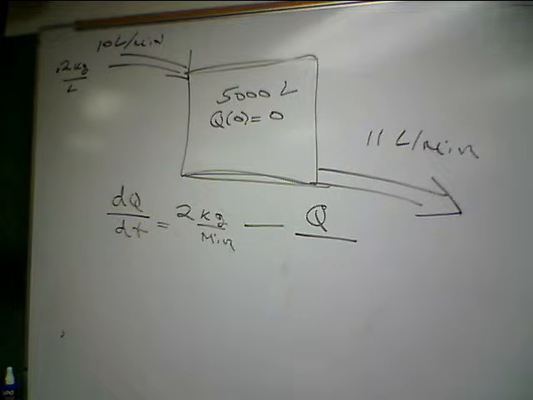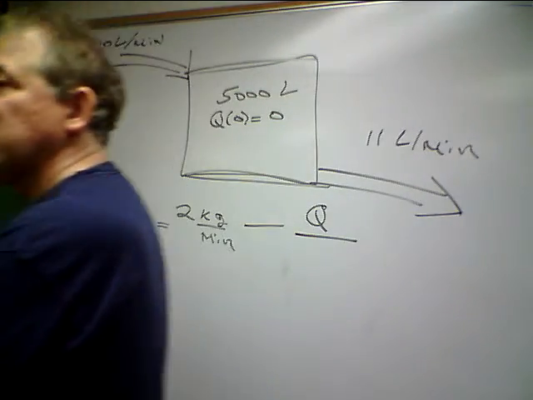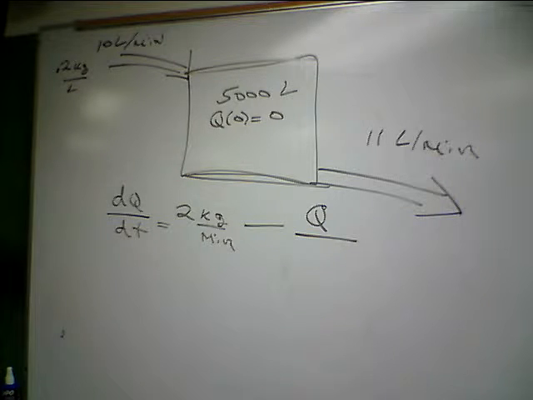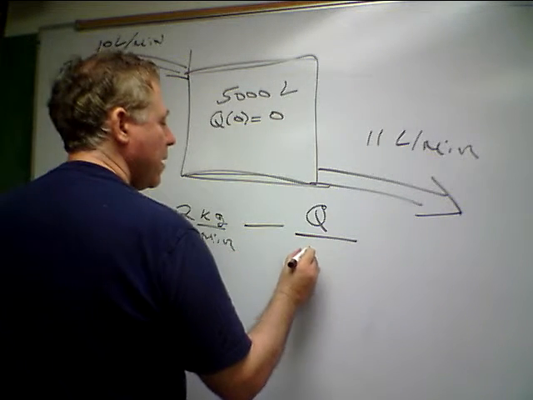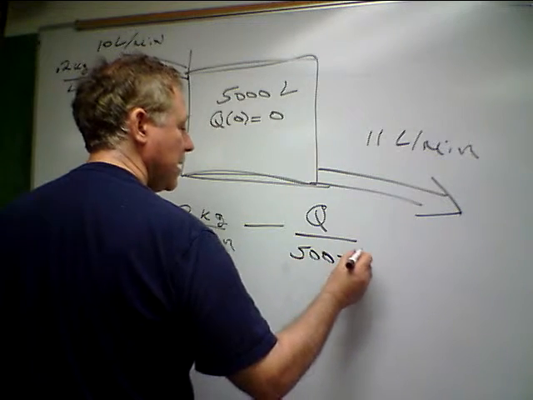After t minutes, it will drop t liters because it's losing a liter every minute. So this is going to be 5,000 minus t.